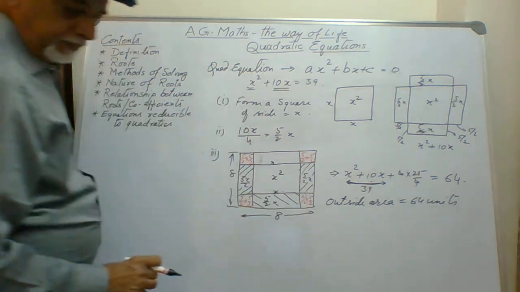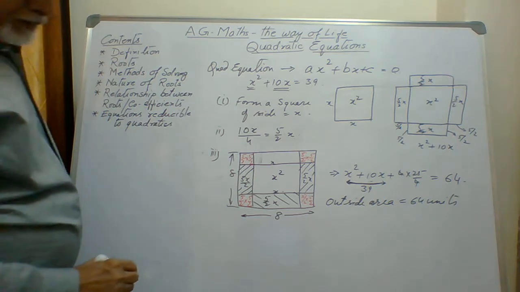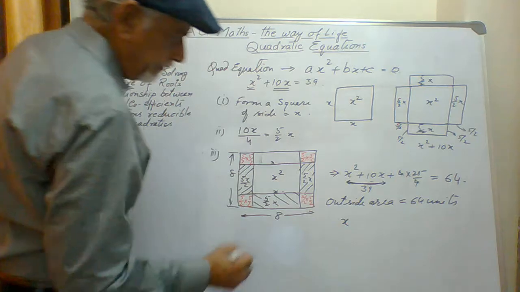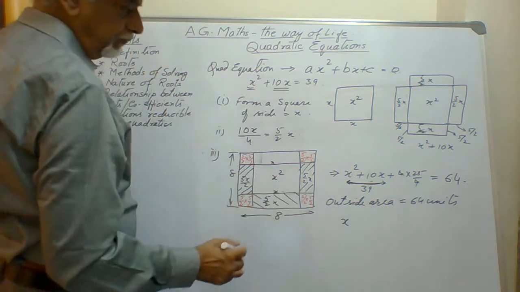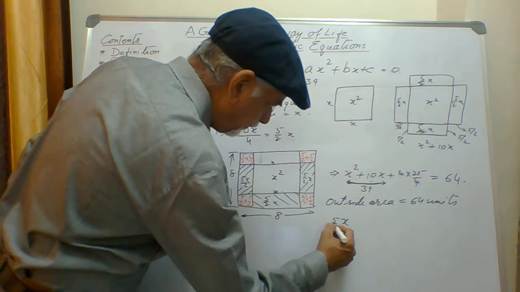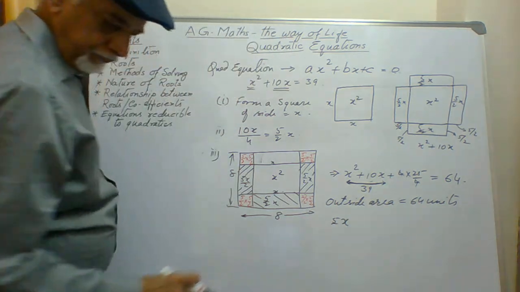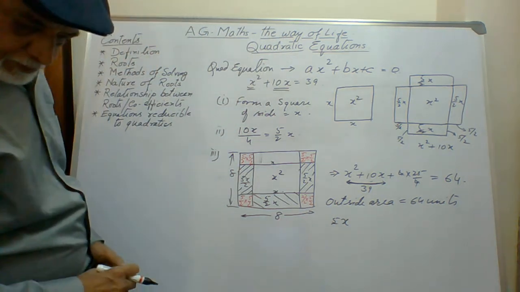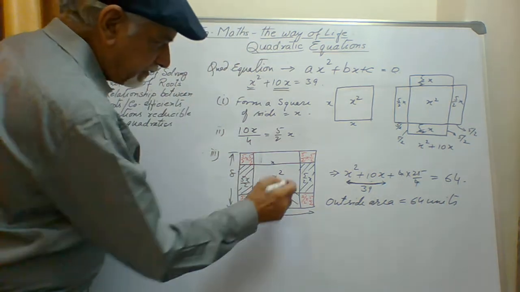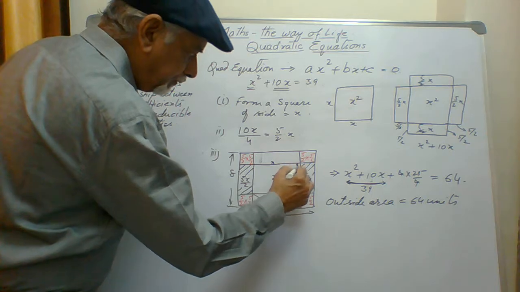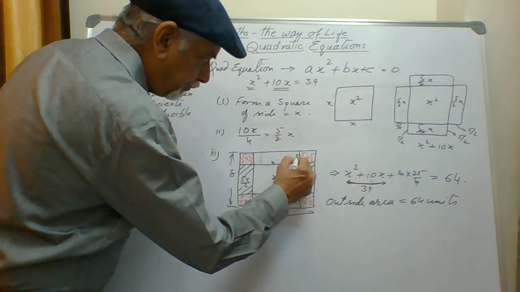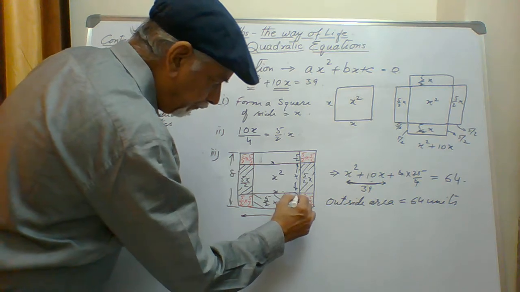What is this? We can equate now that x plus 5 is equal to 8. It was x plus 5, right? From here to here is the x value. And this is 5 by 2 and this is 5 by 2.